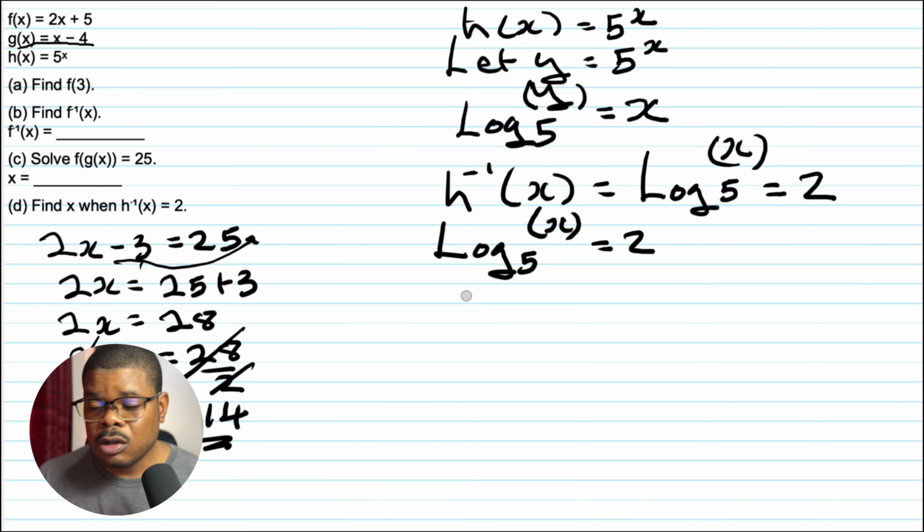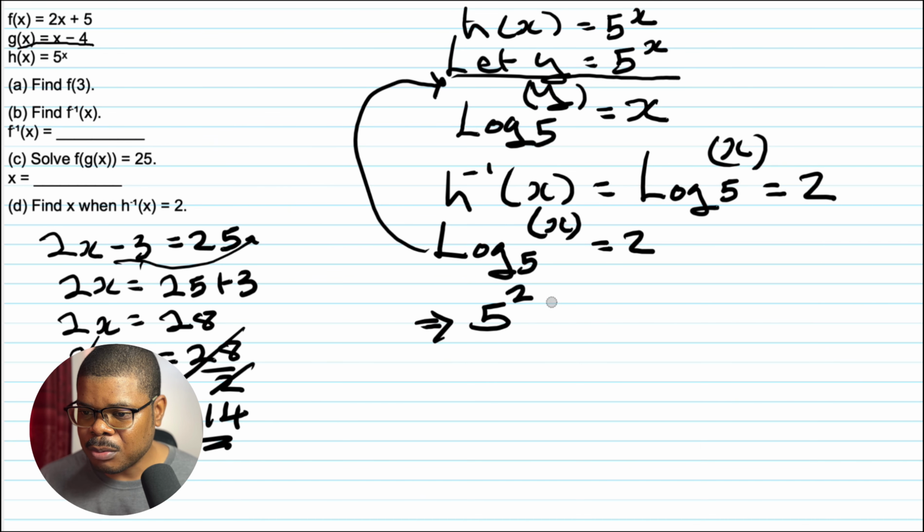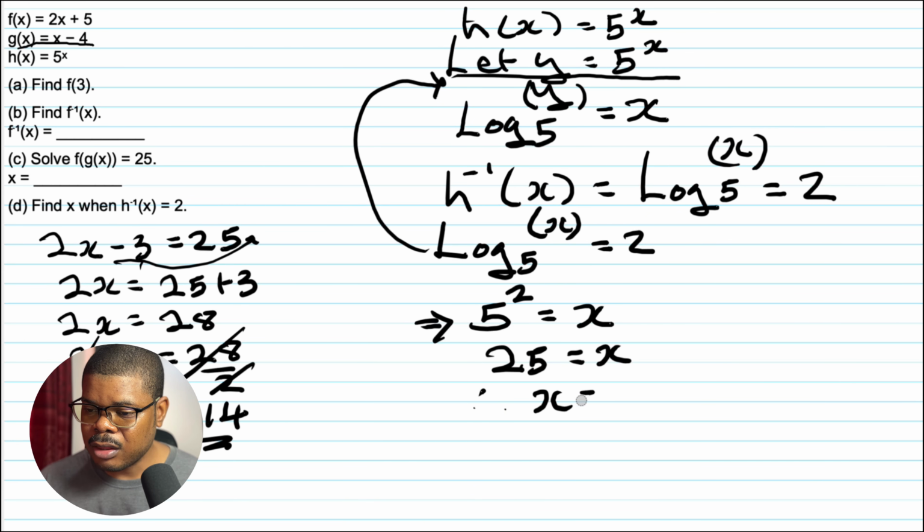We have to bring it back to indices form again. So this implies that 5 raised to the power of 2 is equal to x. And 5 raised to the power of 2 is 25, equal to x. So x, therefore, is equal to 25.